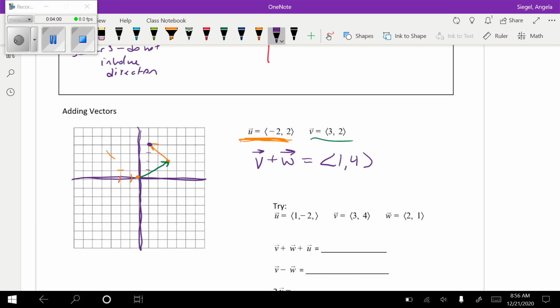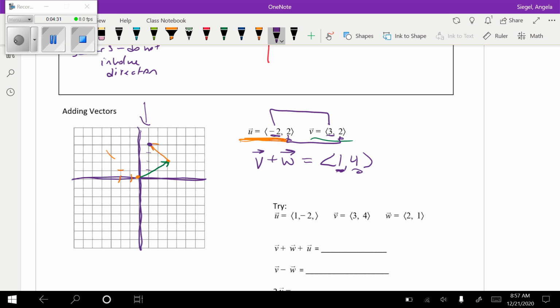I showed you the graphing part of this, but I'm going to show you an easier way. A lot of what we're going to do feels like how we would handle matrices, where we focus on those positions. So I have -2 plus 3 is 1, and 2 plus 2 is 4. You can literally just add the two components of each side and come up with the same thing.